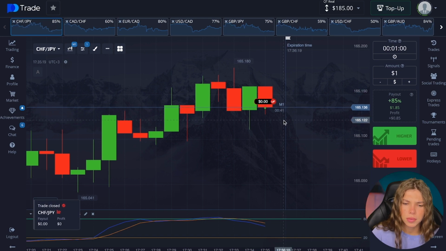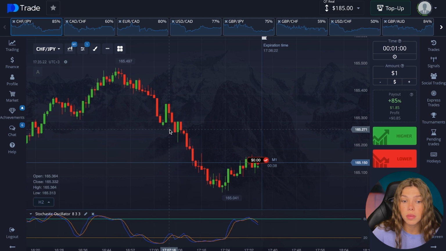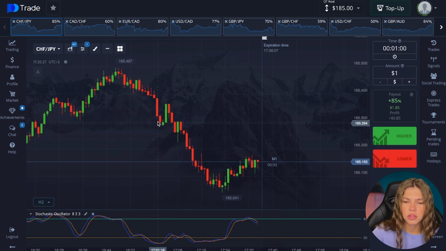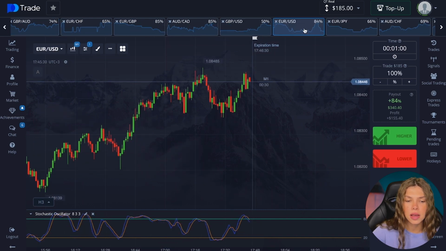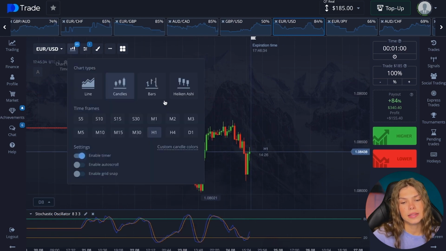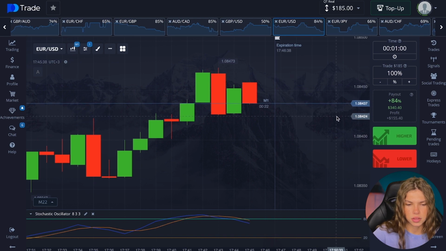Something strange happened here, but the main thing is that our main deal closed with a plus. We were at 180, and it became $185.